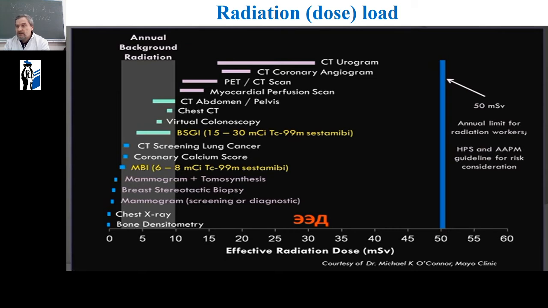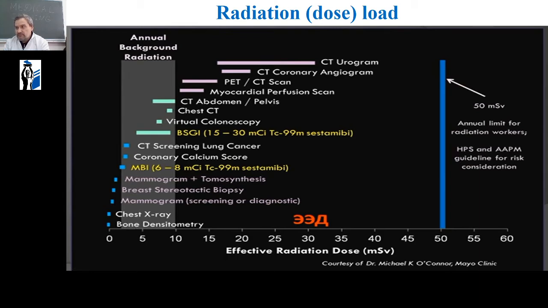The scale begins with the digital chest X-ray with a dose of 0.02 millisieverts and ends with the contrast computed tomography urography technique with an effective dose of 32 millisieverts.